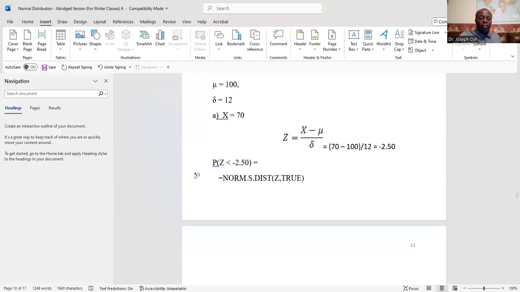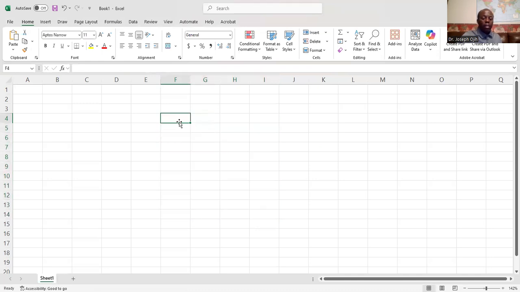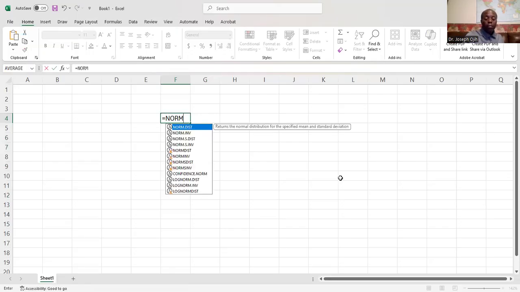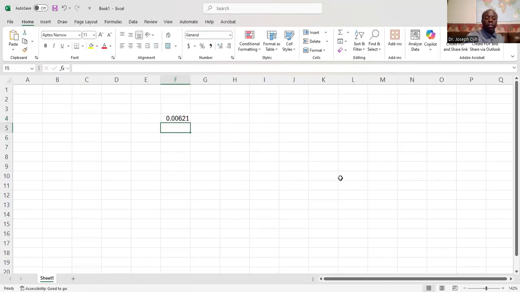Let me clean all this up. So you have equals NORM.S.DIST, negative 2.50, comma, TRUE. Press the enter key to give you an answer right away. 0.0062.